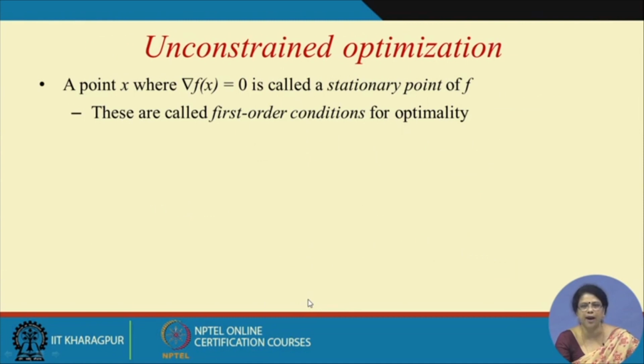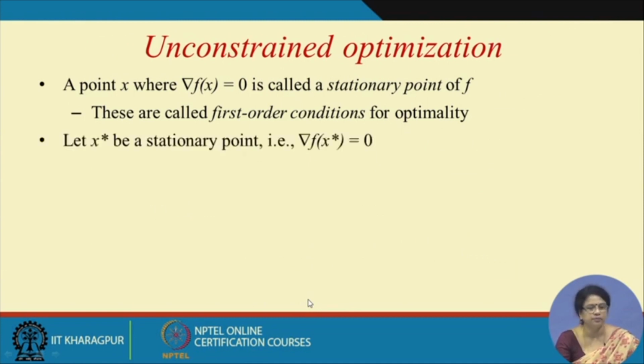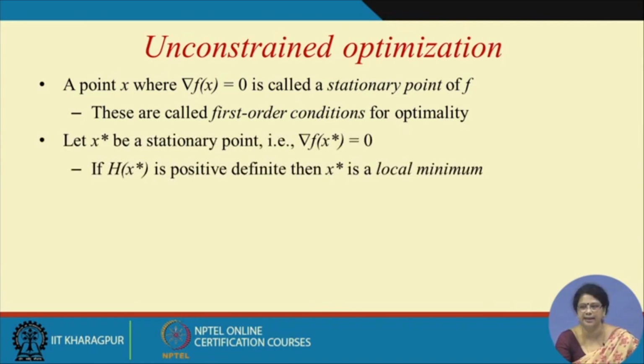That is why, what are the facts? It says that if the Hessian matrix is positive definite, then it has a local minimum. But what is the meaning of positive definite? We say a matrix is positive definite if all the principal minors of the matrix are positive, or in other words, if the eigenvalues of that matrix are all positive.